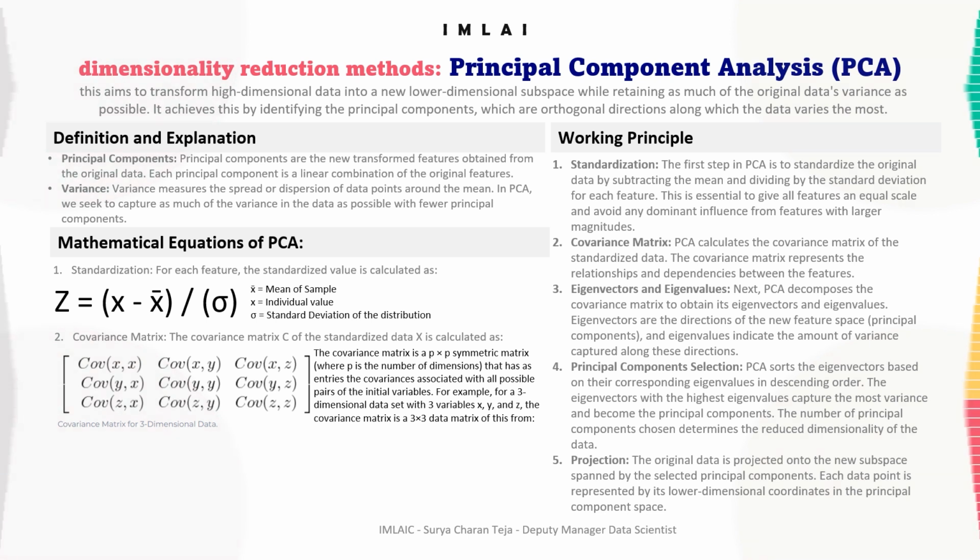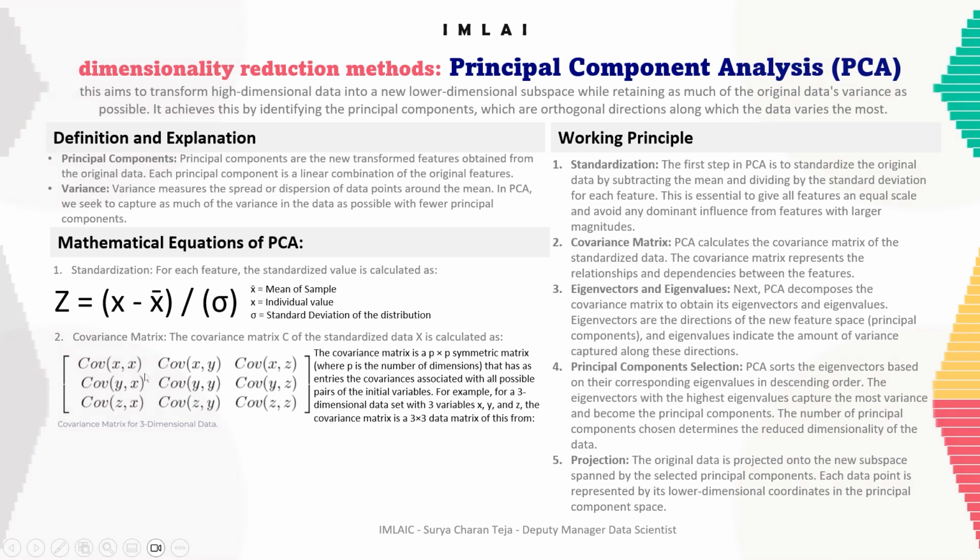For example, a three-dimensional data set with three variables, let's take x, y, z. Then the covariance matrix looks like this.